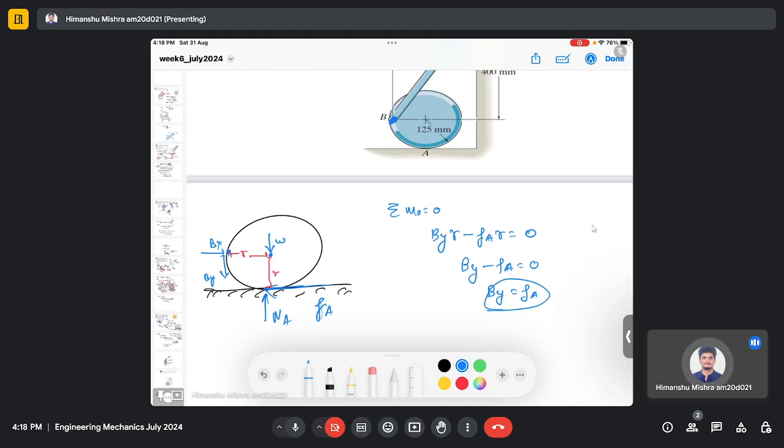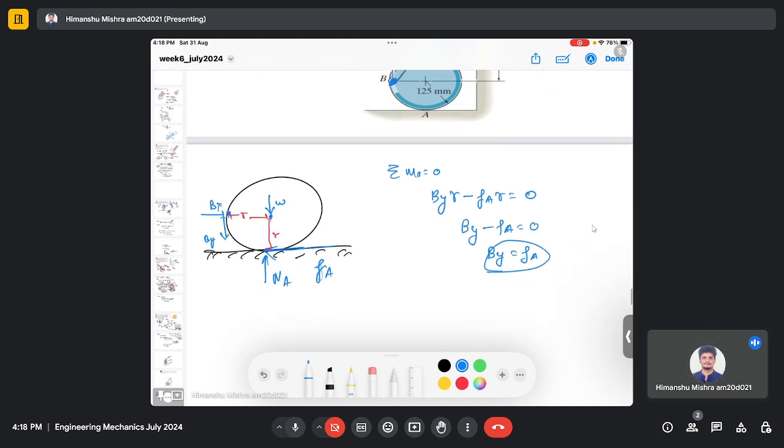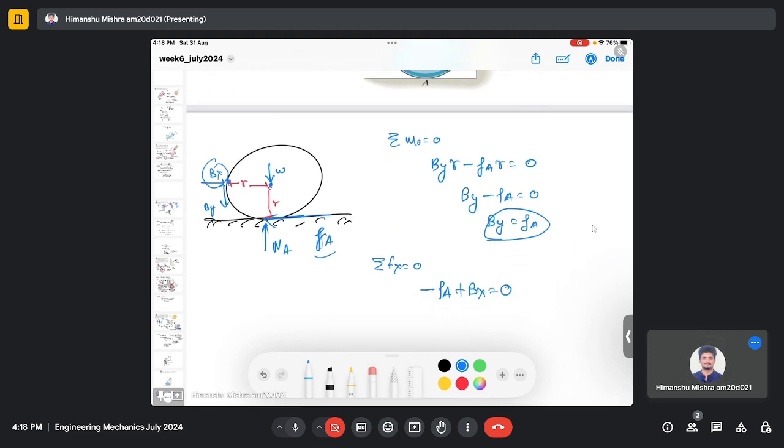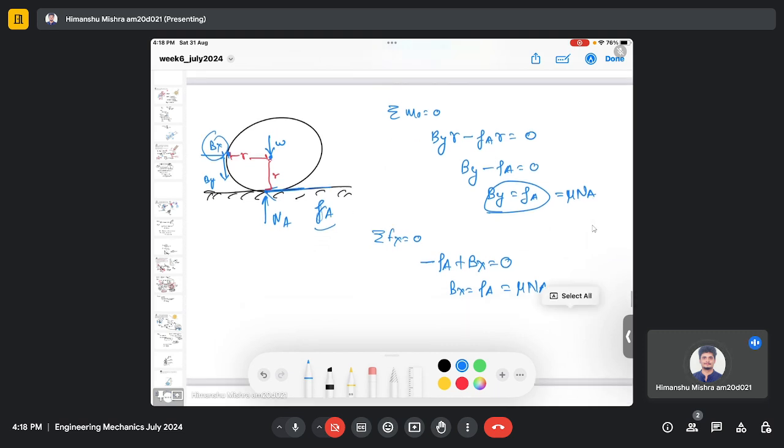This I got from the moment balance equation. If I do the force balance in the x direction and equate it to 0, I will have this friction force Fa plus this reaction force Bx equals 0. So Bx equals the friction at A, and friction at A will be mu Na. Similarly, By will be mu Na, right? But we don't know Na.